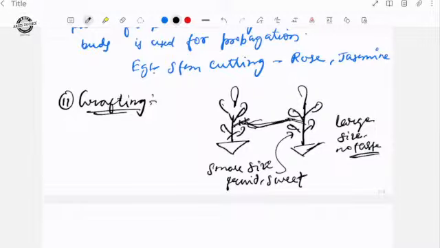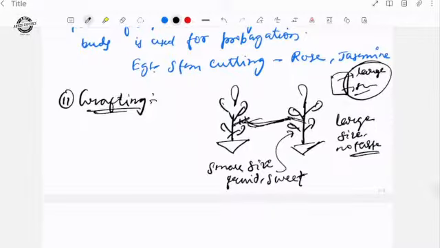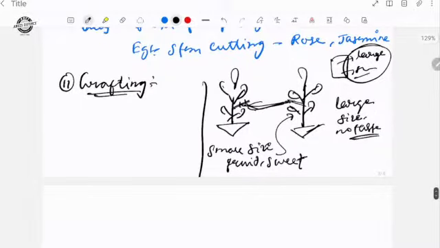Through this we can, though it is not 100% sure, get a large fruit with sweetness. If we get that through grafting, then we have successfully grafted and obtained the desired variety we want, and the farmers will be happy. That is the main concept of grafting you want to understand.